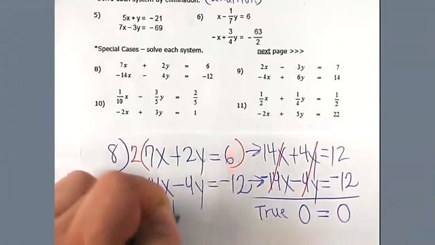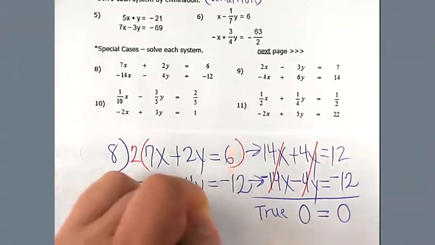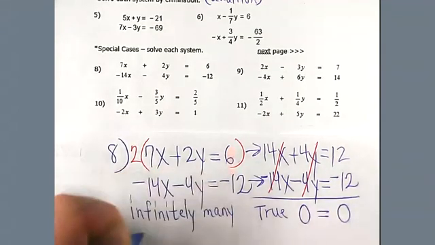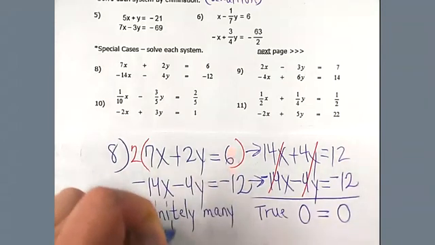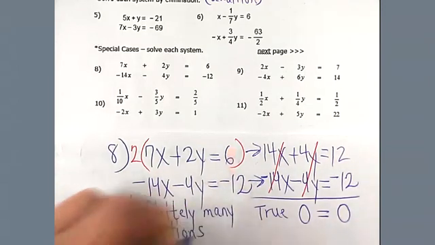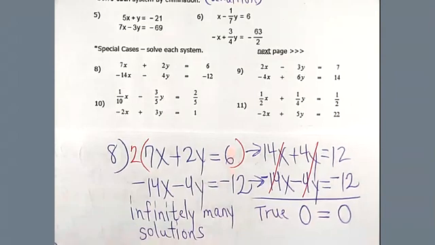So since it's now just one line, this system has infinitely many solutions. Any questions, y'all, about number 8 before we look at another special case?